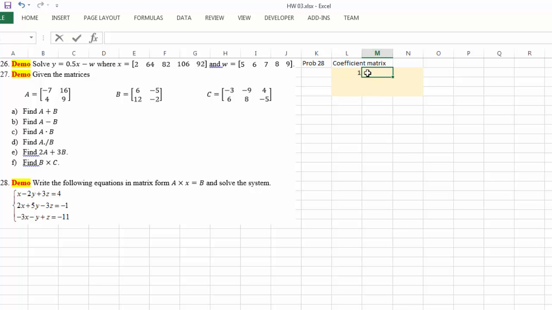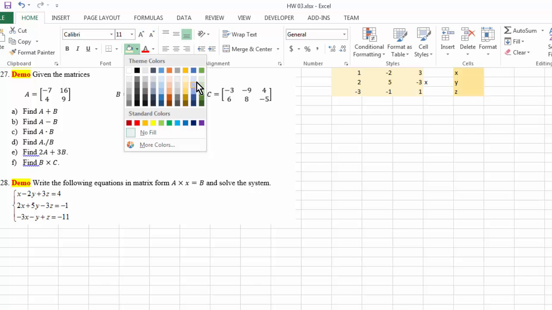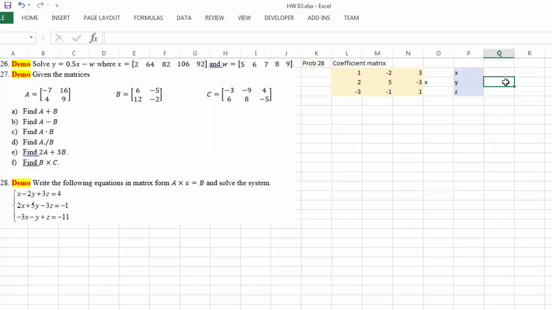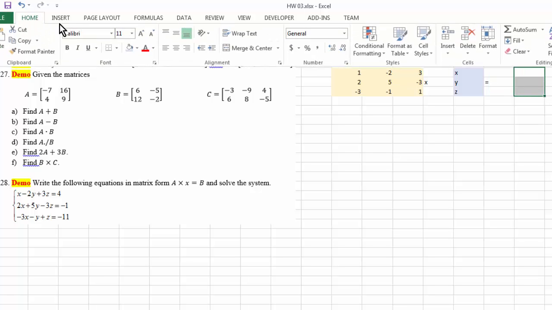So 1, -2, 3, and then 2, 5, -3, -3, -1, 1, and that multiplied by an unknown matrix. This is not involved in calculation. It's really just notes here. And that equals to the constant matrix.